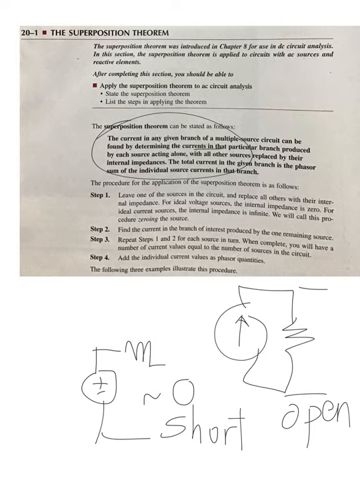The total current, this is the important part, the total current in a given branch, and that branch could have one resistor or two or more, is the phasor sum of the individual source currents in that branch. Interesting. It was a little different in the DC world. We had to draw arrows and come up with schemes to figure out which currents we're adding, which currents we're subtracting.